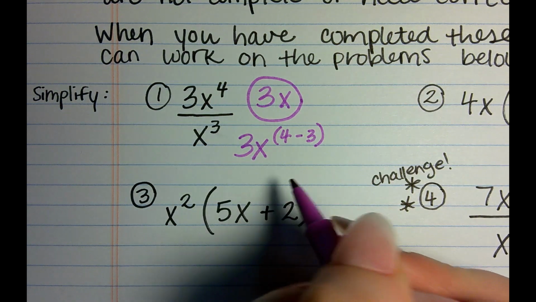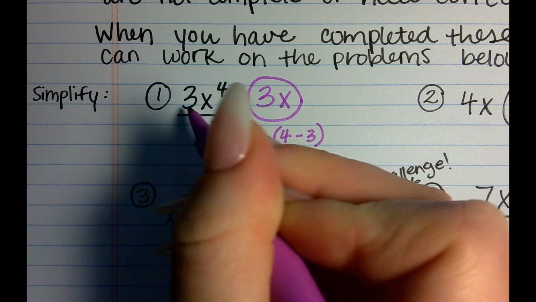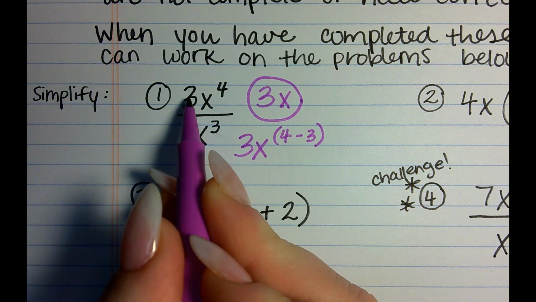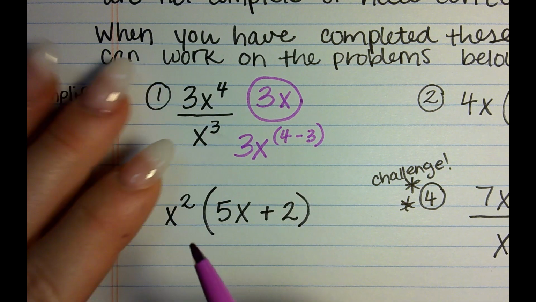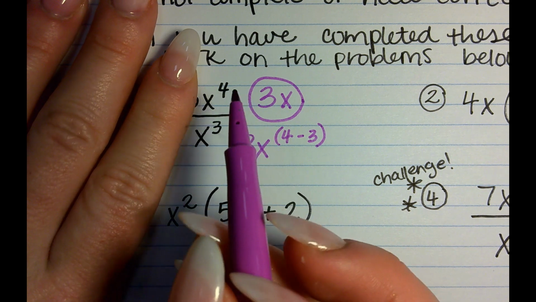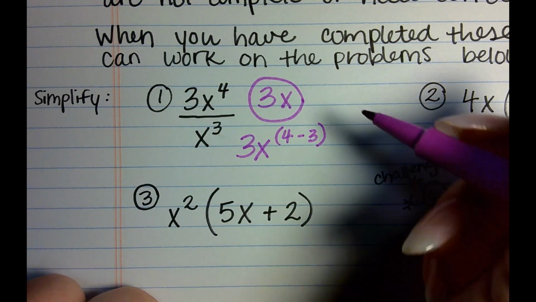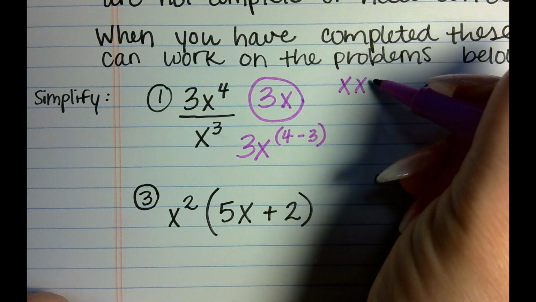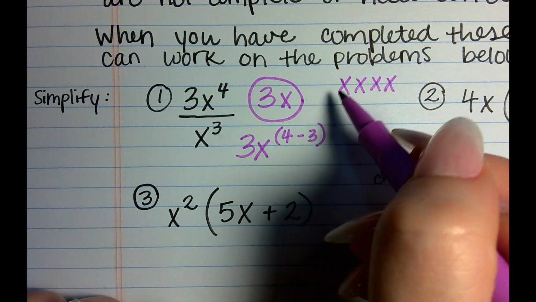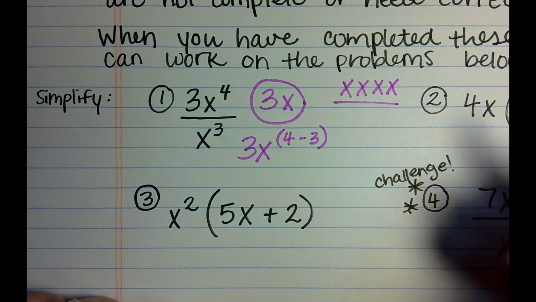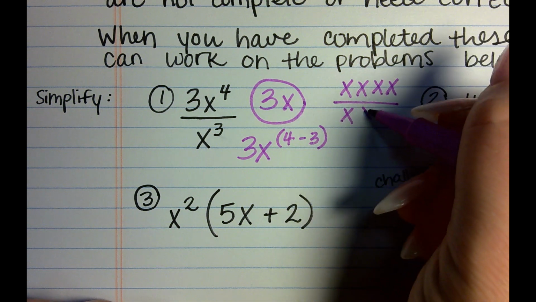We could also think of it this way. If I know that I've got a 3 as my coefficient, I don't really need to worry about my 3. If I just wanted to look at x's, I could think I've got 4 on top: 1, 2, 3, 4. I've got 3 on bottom: 1, 2, 3.